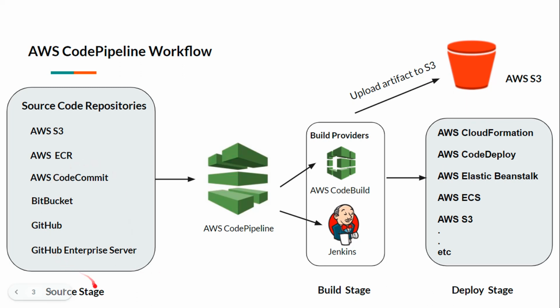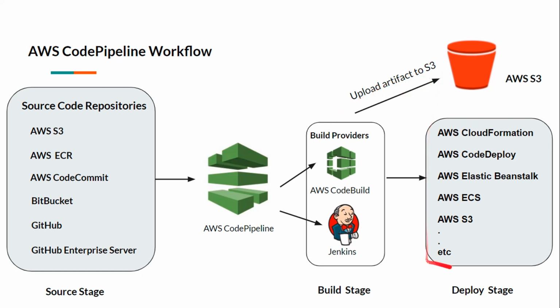If we talk about the source stage, AWS CodePipeline supports AWS S3, ECR, CodeCommit, Bitbucket, GitHub and GitHub Enterprise Server as a source code repository, and it will be able to integrate with these services as a source code repository. If we talk about the build stage, we have two providers. One is AWS CodeBuild and the other is Jenkins. We can use either of these providers to build our source code and upload build artifacts to an S3 bucket.